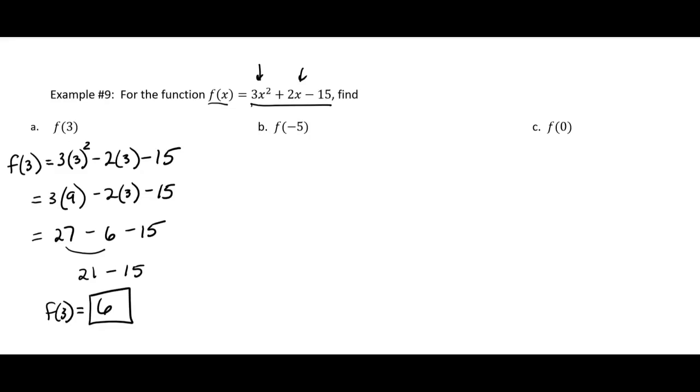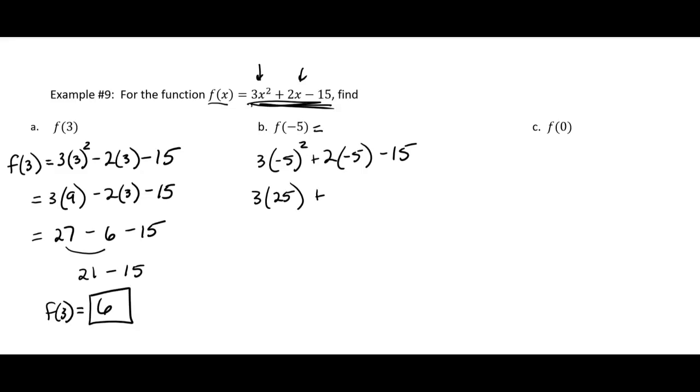Okay, so now we're going to find f of negative 5. So it's going to equal 3 times negative 5 squared plus 2 times negative 5 minus 15. So again, I go to this function they gave me, I take out the x's, and I put in negative 5 this time. Well, negative 5 squared is 25.